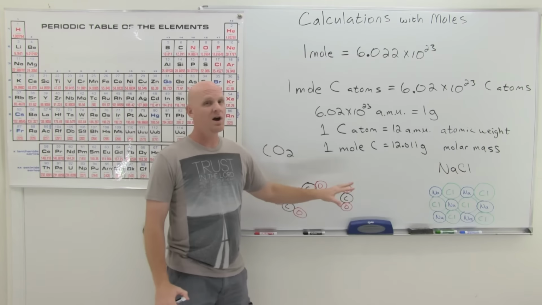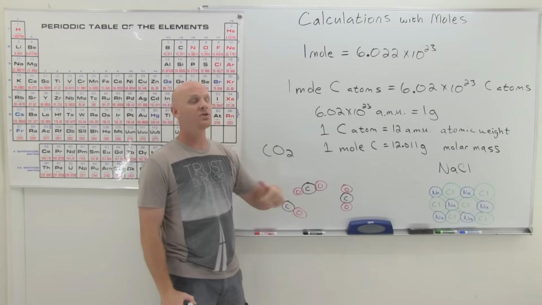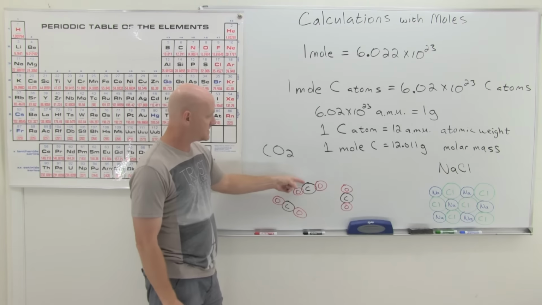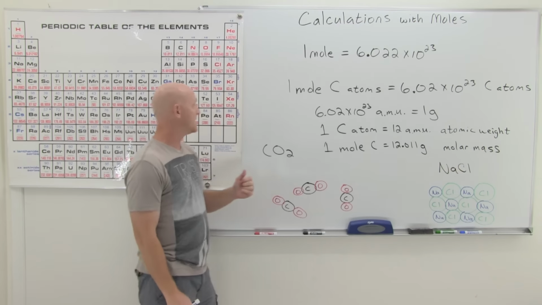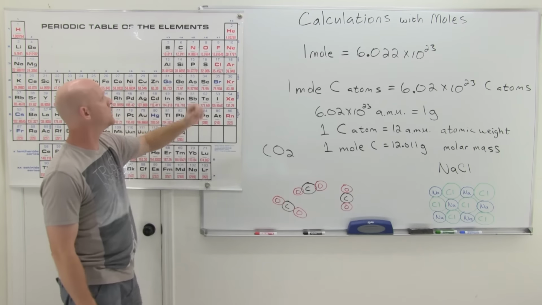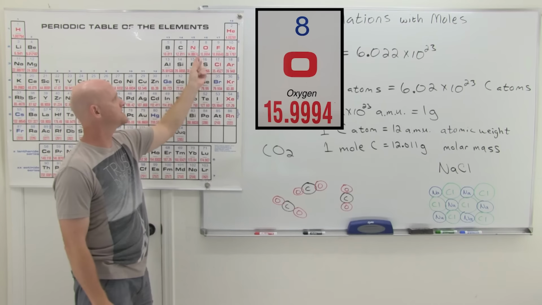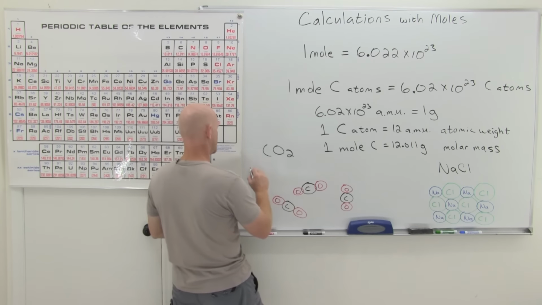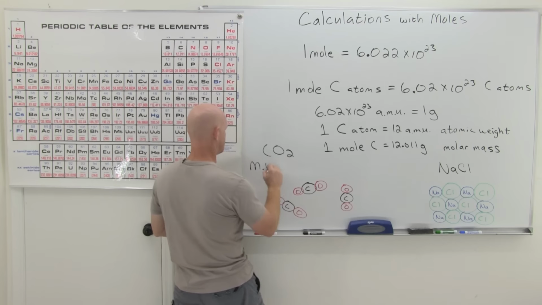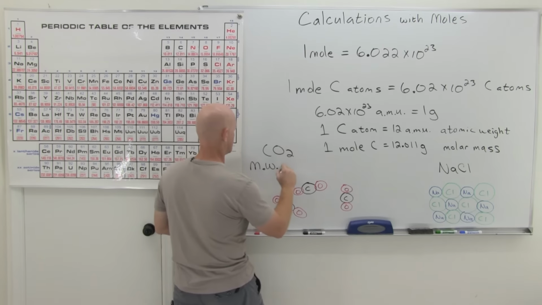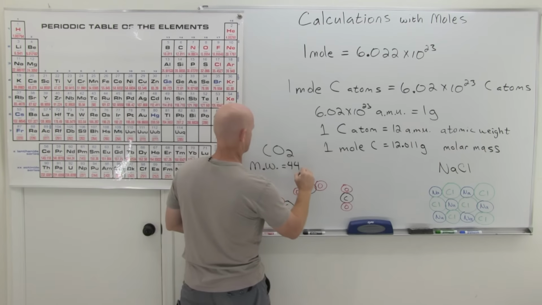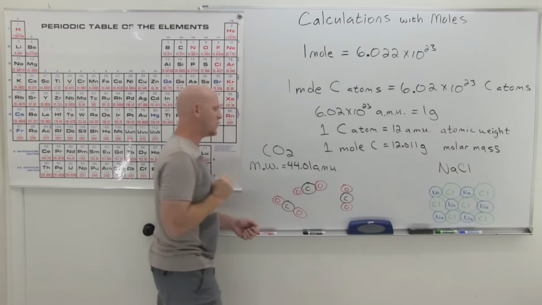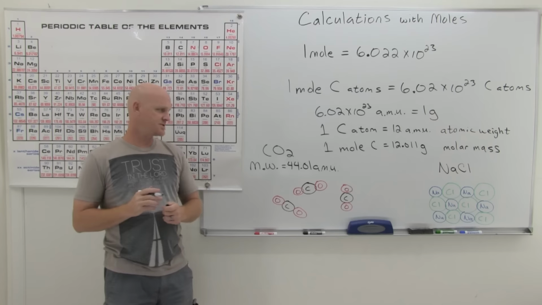So with molecular compounds, we introduce a new term called molecular weight. And you just add up the atoms in the formula that are in each individual molecule. So if we take carbon 12.011 and then 2 oxygens, 2 times 15.9994, and add that together, you would get a molecular weight of 44.01 AMUs.